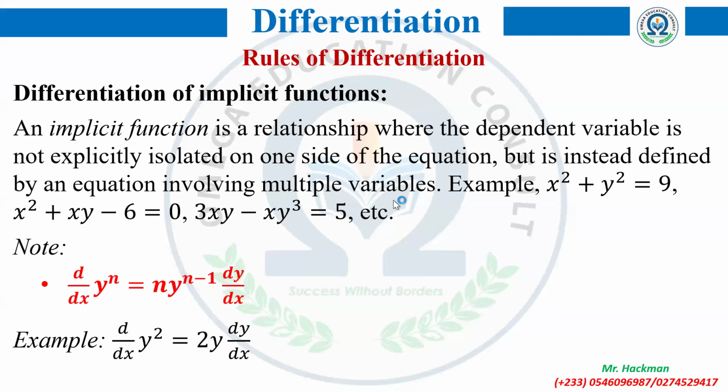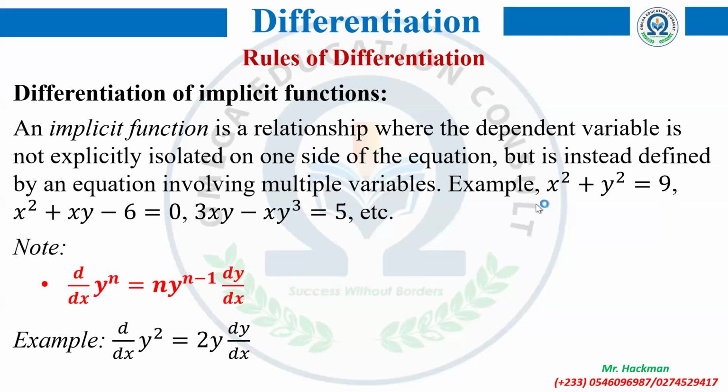So your dependent variable will not stand alone, will not be made the subject. It will be mixed with other variables in the equation. When you have such a situation, you are dealing with an implicit function. For example, x squared plus y squared is equal to 9.